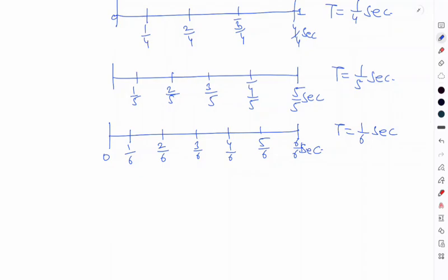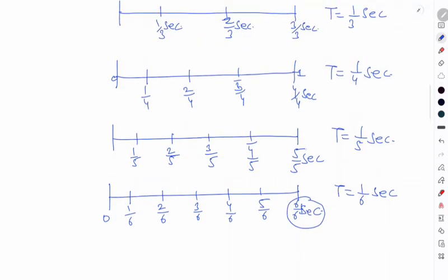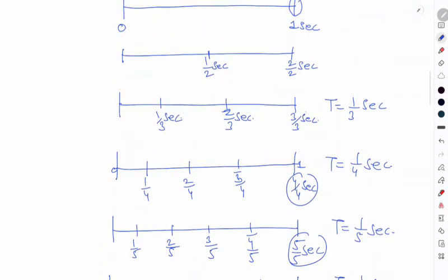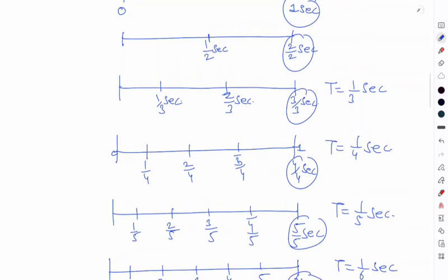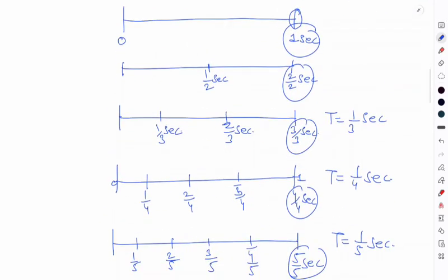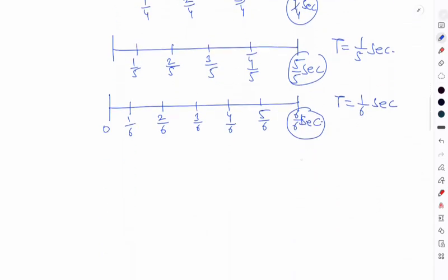At 1 second, all six have a maximum. This is the common instant where there will be maximum sound intensity, so we will hear only a single very high intensity sound. So we will hear one beat here.